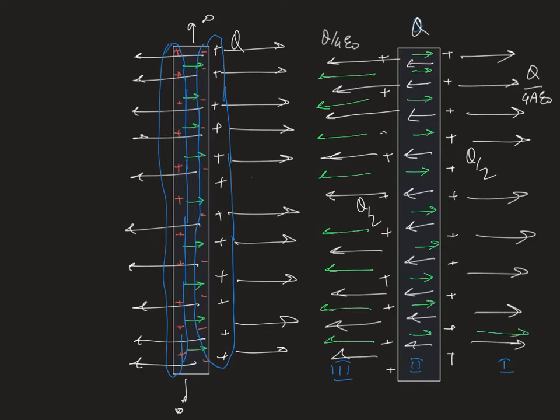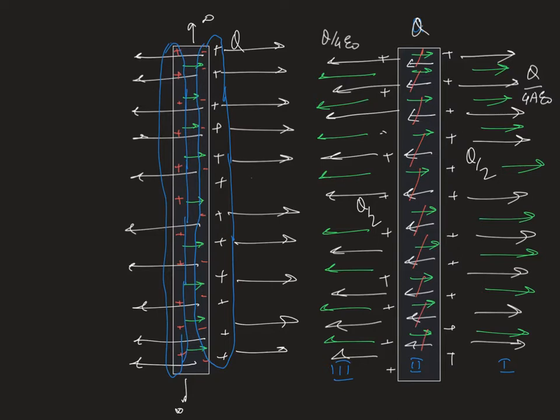And there will be fields away from the charges this way. Now what do we understand from this? We understand that inside the conductor there are equal numbers of white fields as well as green fields which are opposite in direction. So all of them will get cancelled out pairwise. So we will have the cancellation of fields here.